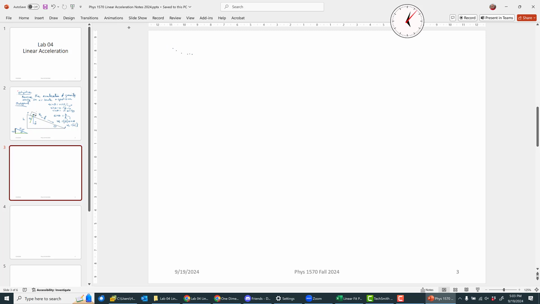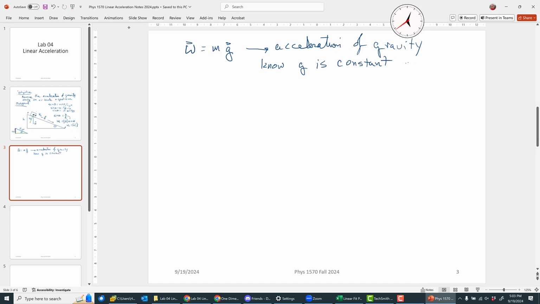So weight is also defined as the mass times g, which is the acceleration of gravity, and we know that g is constant from 0 to 1,000 kilometers above the ground.